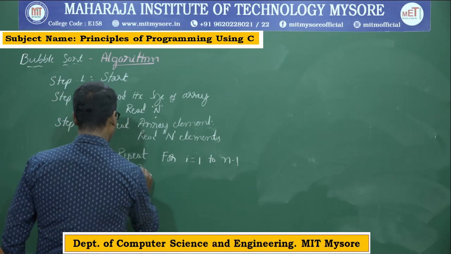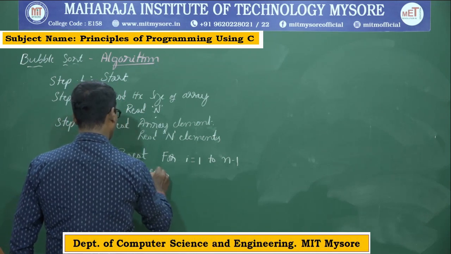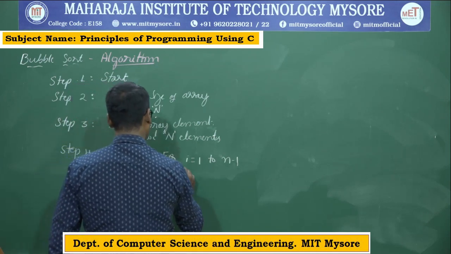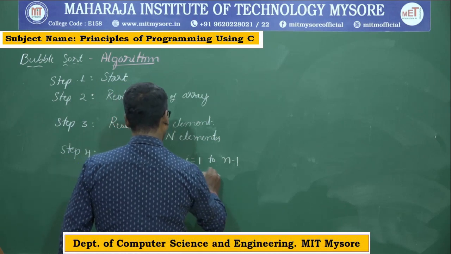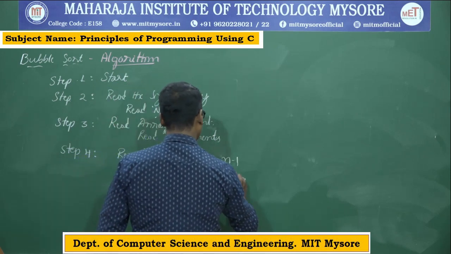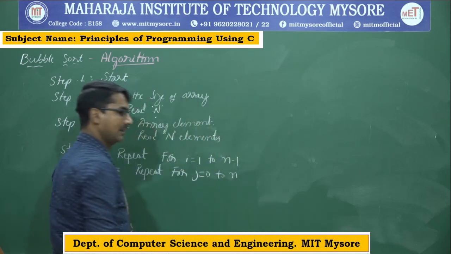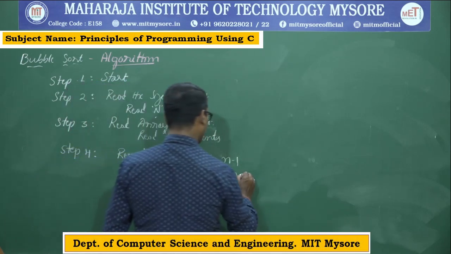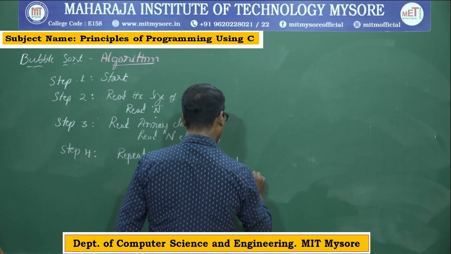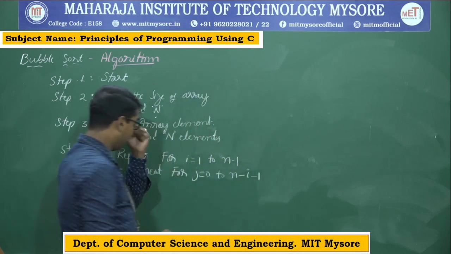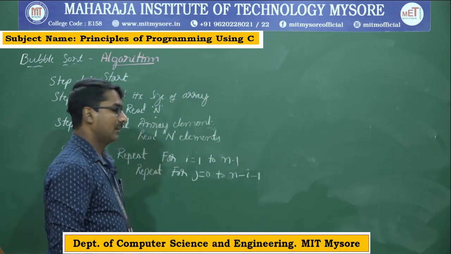Okay. Next, repeat for j is equal to 0 to j less than n minus i minus 1, because we need to compare.